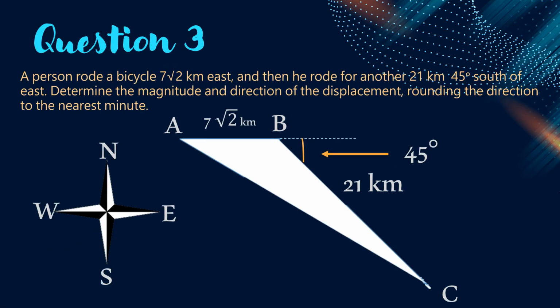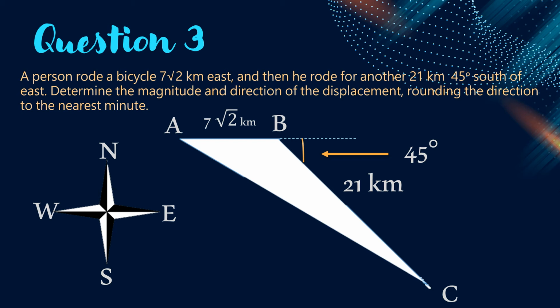Now for the last question, this is going to be a little bit hard, but you can try to do it yourself. So pause the video and see the question. Read the question very carefully. A person rode a bicycle 7 square root 2 km east, and then he rode for another 21 kilometers 45 degrees south of east.